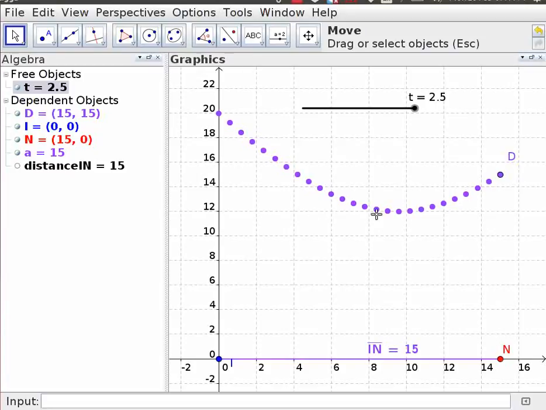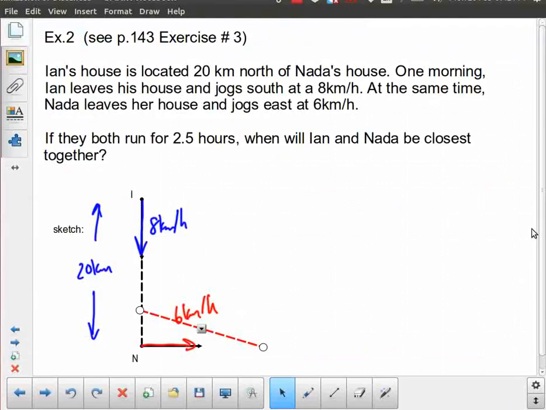I'm not going to go to that value, but you can see that it occurs when Nada is at around 9.5 kilometers, so you'd be able to work backwards and do the calculation. But we're going to use calculus to come up with that value. We'll come back to this once we're done that.